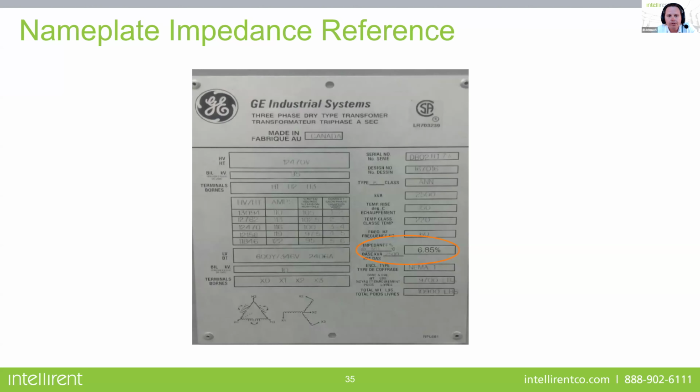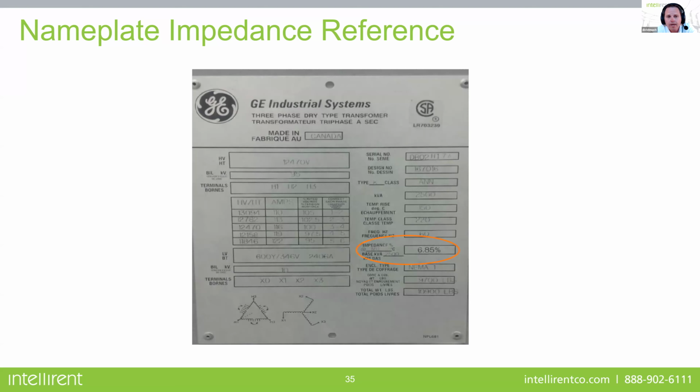So here's a picture of a nameplate just to show you this is a delta Y. And in this nameplate, the impedance was 6.85%. So again, for the three-phase equivalent, I would do 3 tests, shorting on the low side.